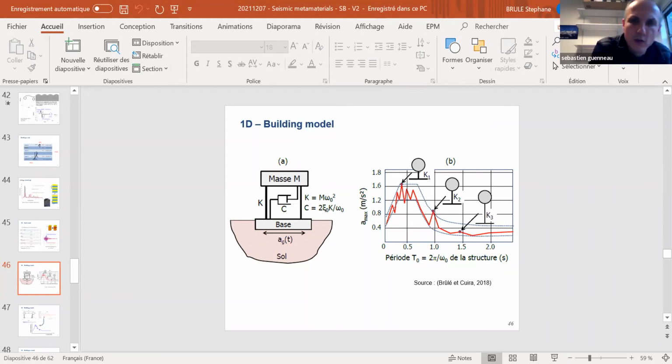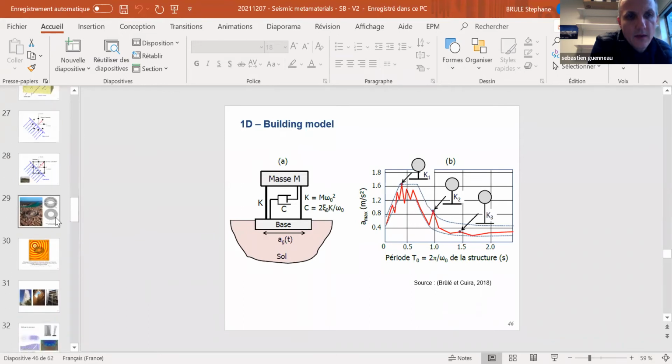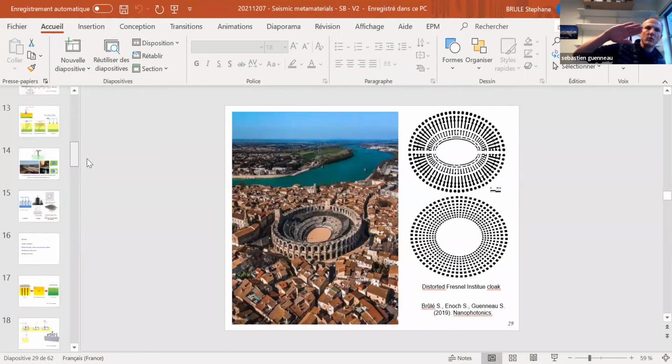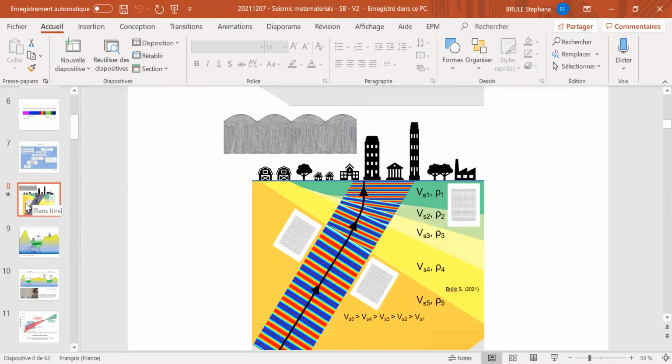Stéphane, could you go back to the transformational aspects? Yes. In fact, what I mean is the part where you have this lovely incoming wave from the ground. Oh yes, it's very simplified.